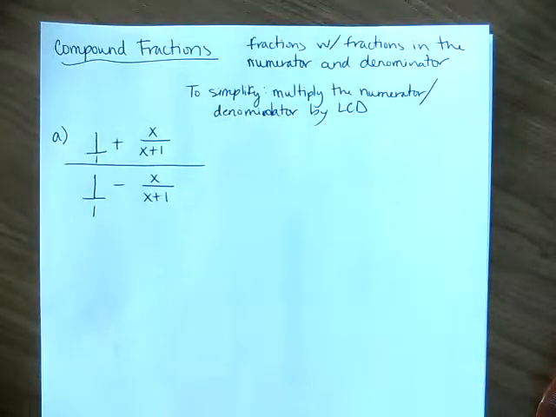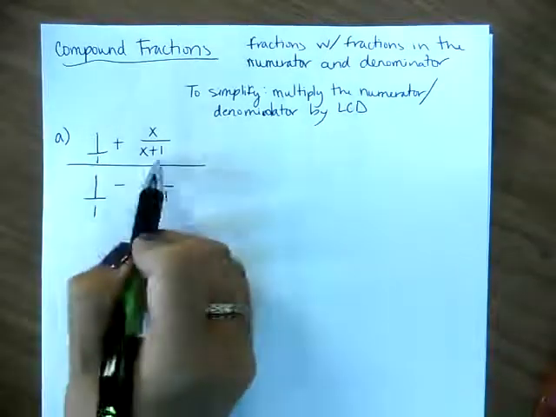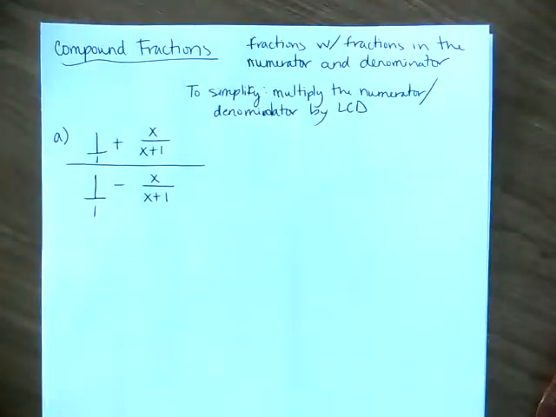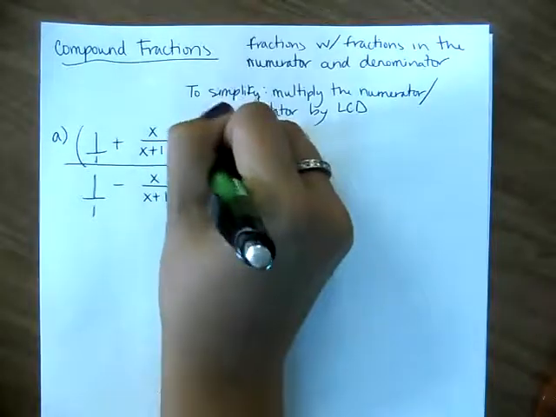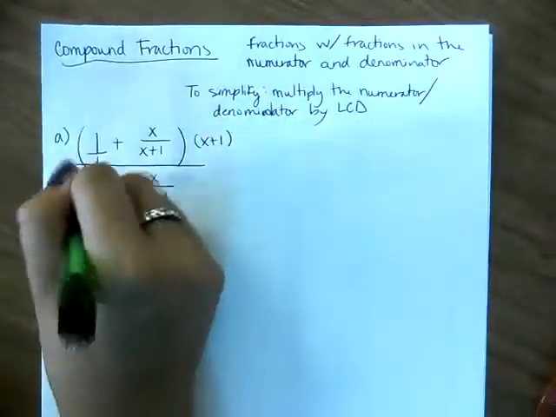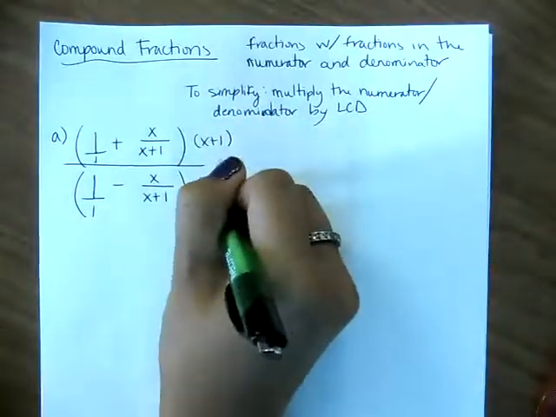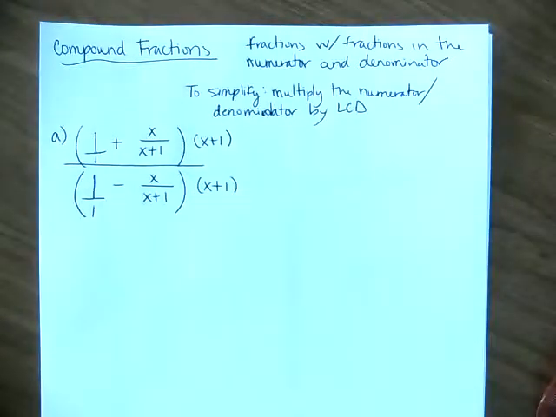Okay. Now in terms of a common denominator, wouldn't it just be x plus 1? So what I can do is take that common denominator and multiply it in the numerator and the denominator by it. So I'm going to take this numerator and multiply it by x plus 1. I'm going to take the denominator and multiply it by x plus 1. Yes?